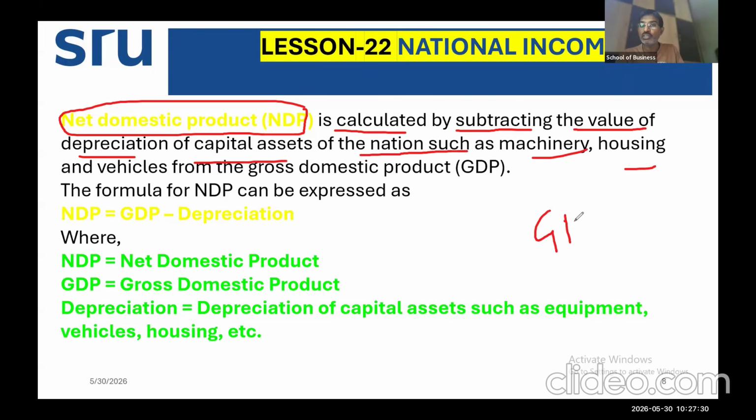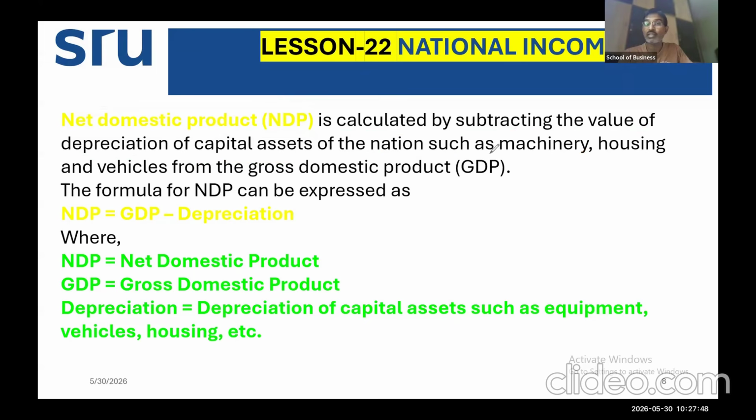So from GDP, we are removing depreciation. What is depreciation? It is nothing but the depreciation of capital assets.